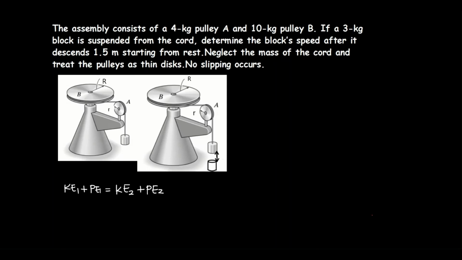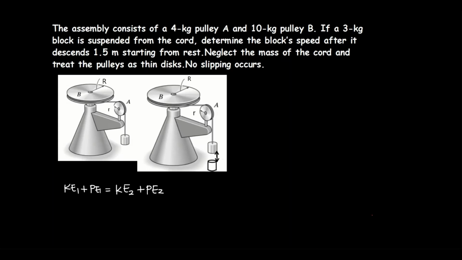So this is the equation we have now. In this case, you don't have any loss of energy here. The question didn't say that, and also there are no spring elements in this system. So you are going to exclude elastic potential energy and energy loss. So this is the equation you have now.